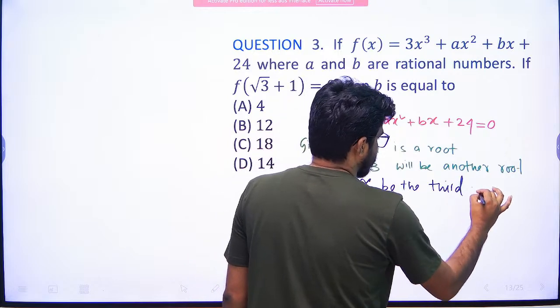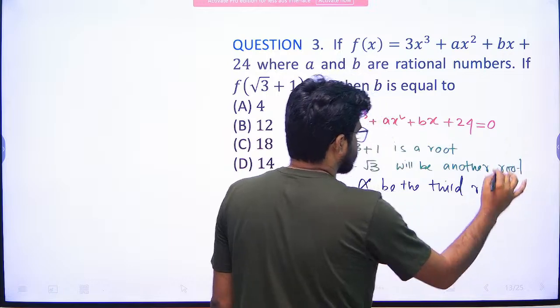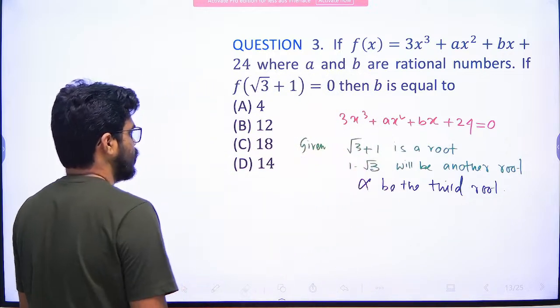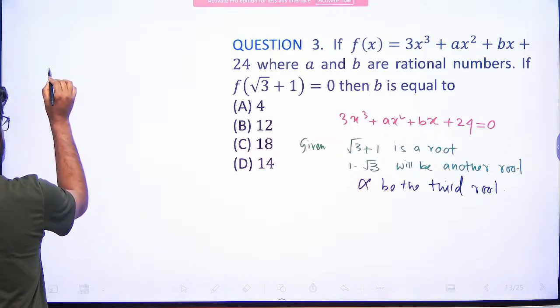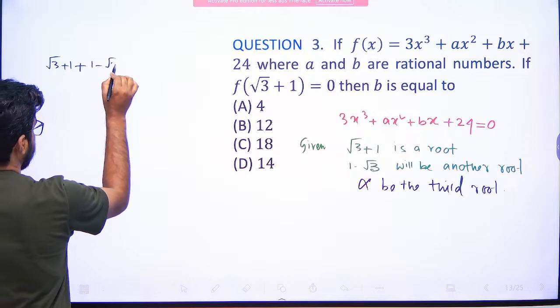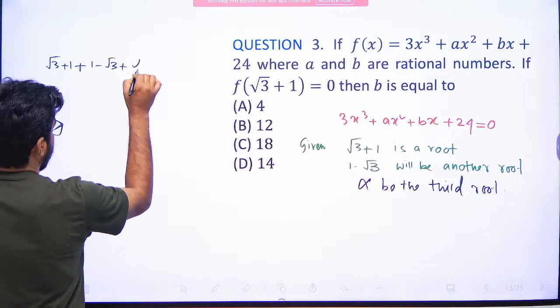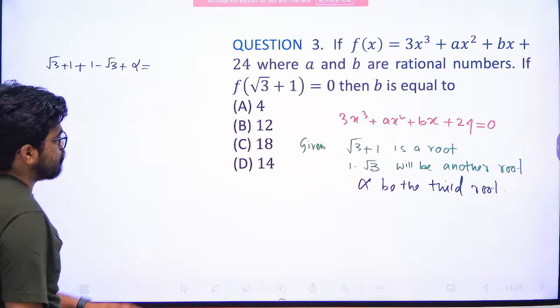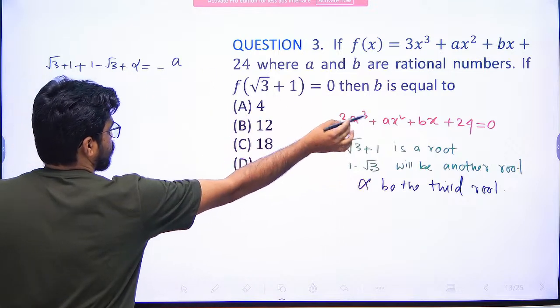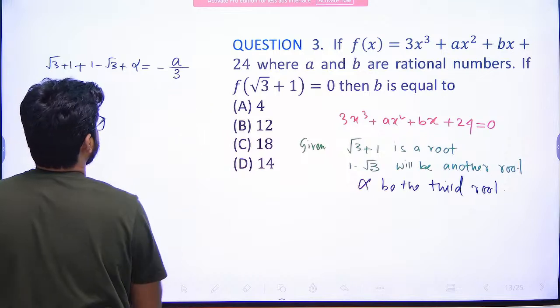Now from the relation between roots and coefficients, imagine this is alpha, this is beta, this is gamma. So alpha plus beta plus gamma is minus the coefficient of x square by the coefficient of x cube.